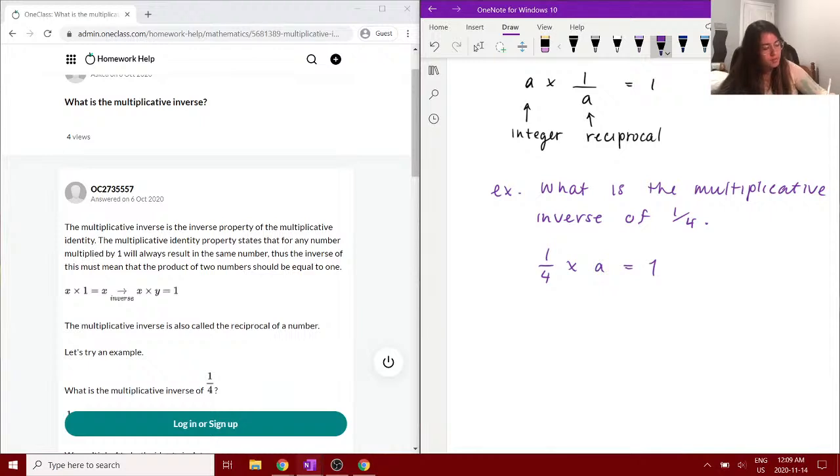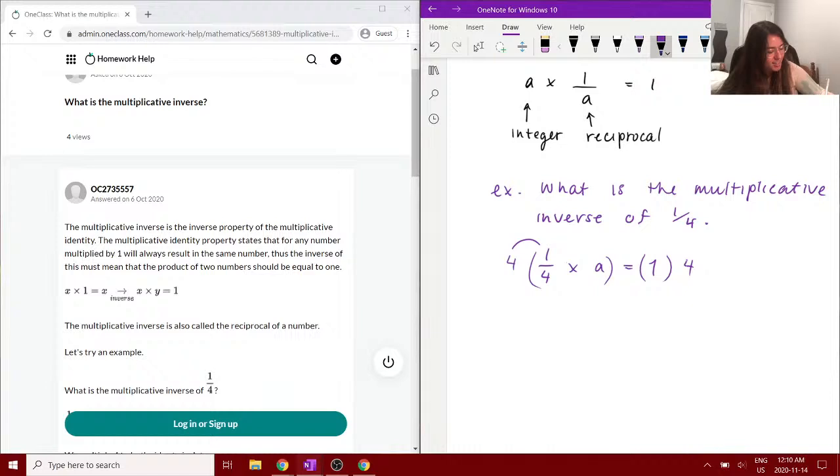So all we have to do is multiply both sides by 4. So if we do that, we have this side times 4 and the right side times 4. Remember, this is a multiplication, so distribute it once into the bracket.